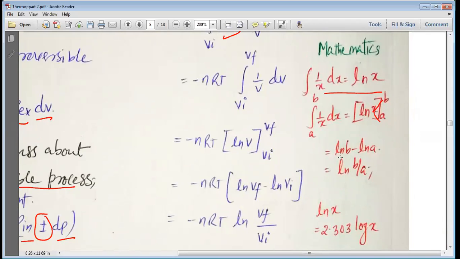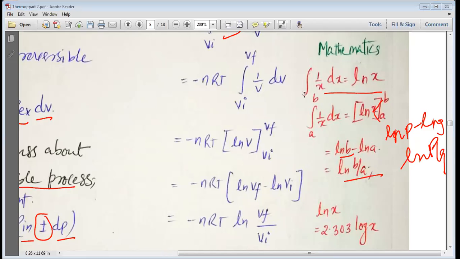So this means ln b minus ln a, and for any logarithm, if there is ln p minus ln q, we can easily write ln p by q. So here ln b minus ln a is written as ln b by a.